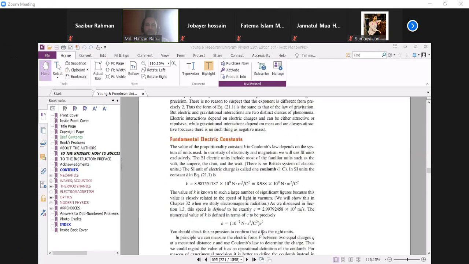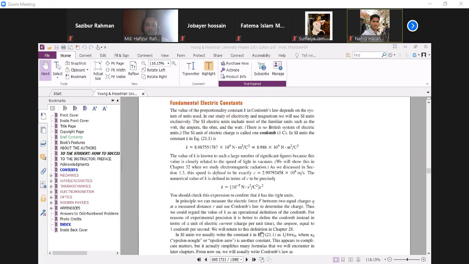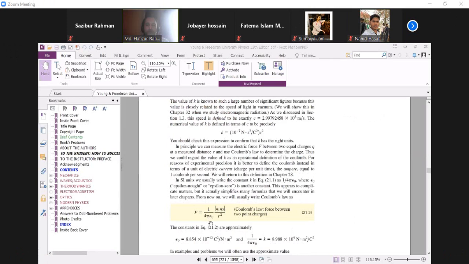And also we can write the value of K. This is 1 by 4 pi epsilon naught, where epsilon naught is known as the dielectric constant. So this is the value of K, and epsilon naught value is given here.